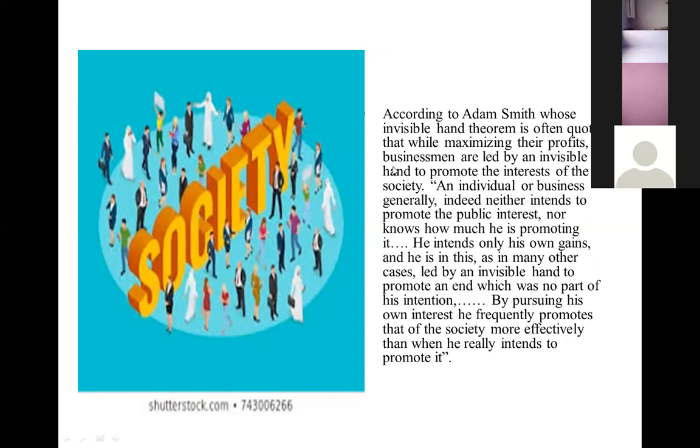See, this theorem is all about each and every business enterprise trying to do their business on their own without the help of the government. They say there is no need for the government to control us. Without controlling us, if we do business by ourselves, because our main aspect is to get a gain out of the business, then the invisible hand will help them promote their own product.